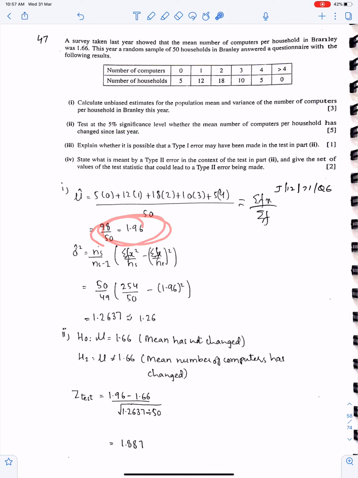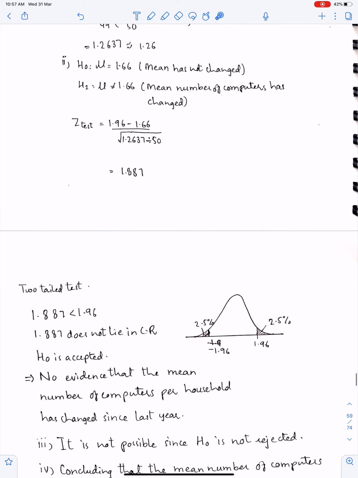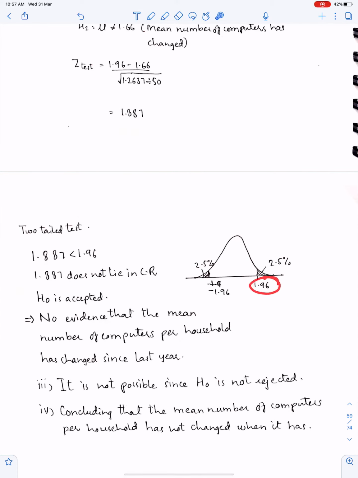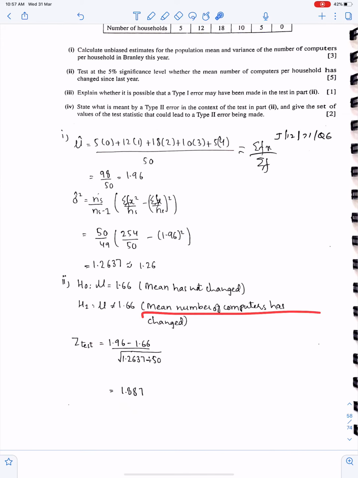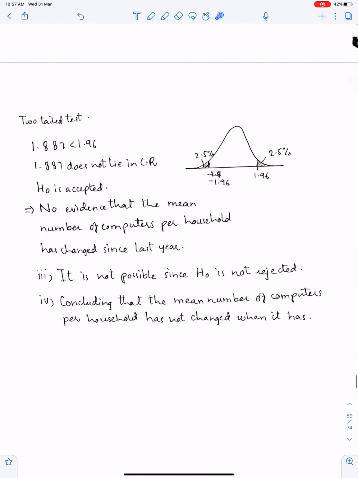The test value is 1.887 and the critical value is 1.96. This value does not lie in the critical region, it lies here. So accept H0 and reject this claim. Accept H0: no evidence that the mean number of computers per household has changed since last year.